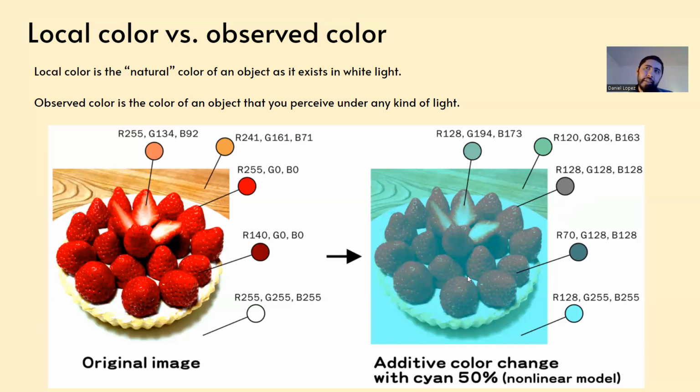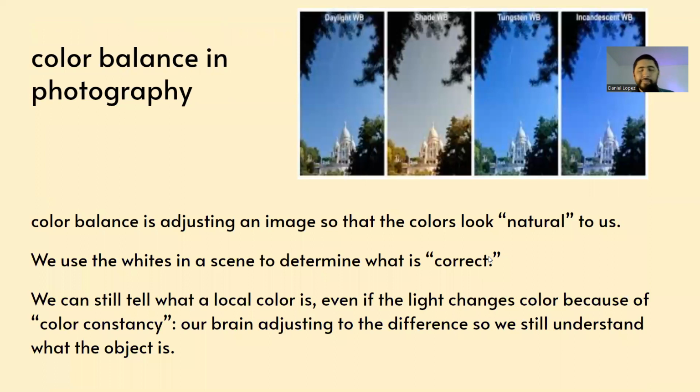However, we do understand that putting things in different lights doesn't change the local color of the thing. Putting on glasses that are green or cyan doesn't change the strawberries' color from red, right? I'll talk about a question in a bit.